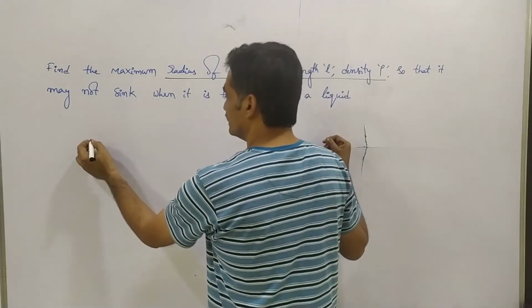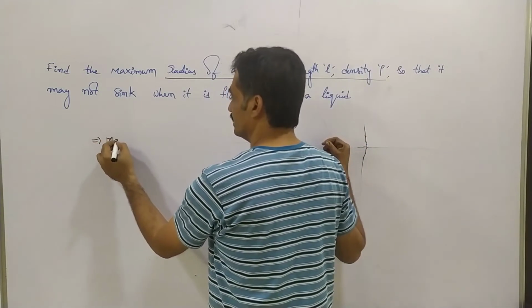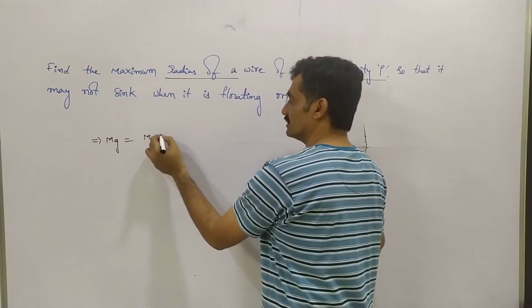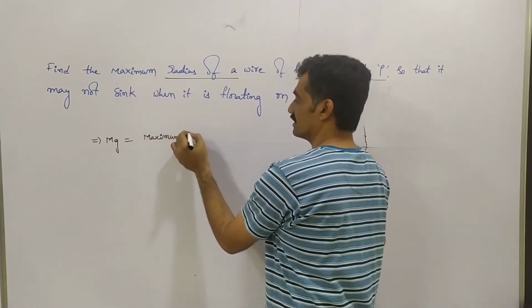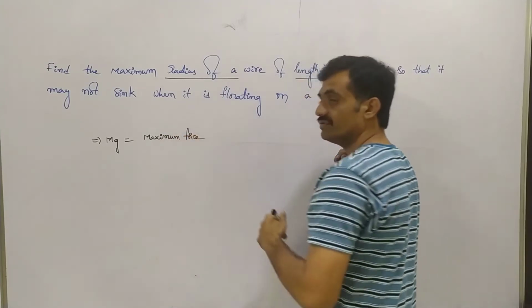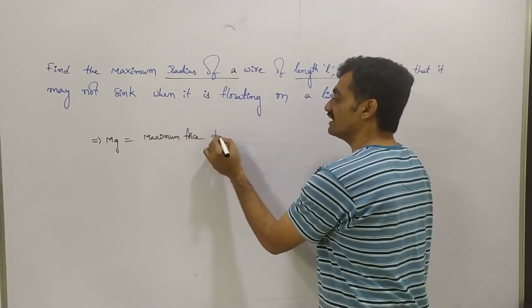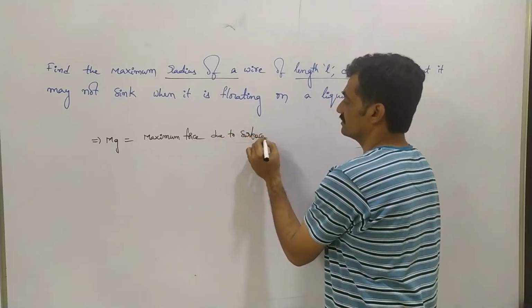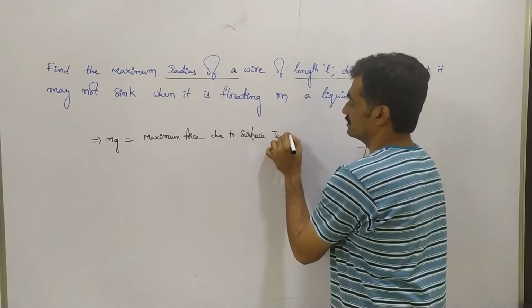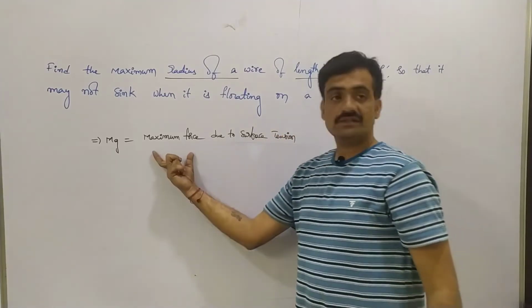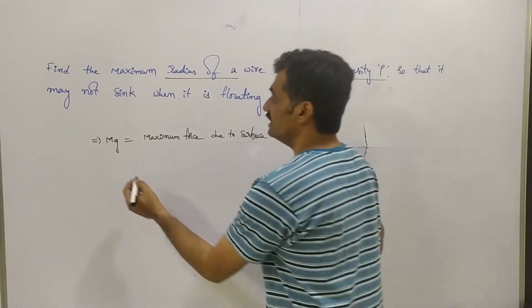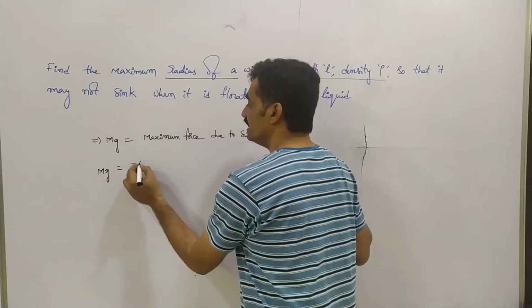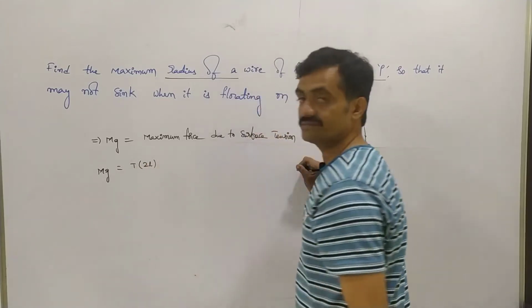For that, we consider that the weight of the wire is equal to the maximum force due to surface tension. So mg is equal to T into 2L.